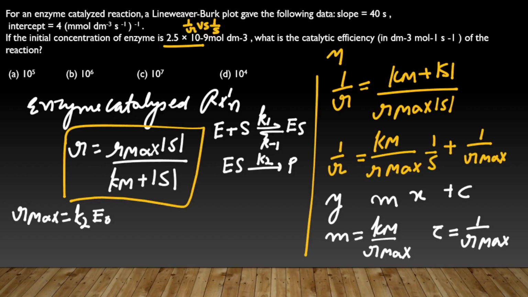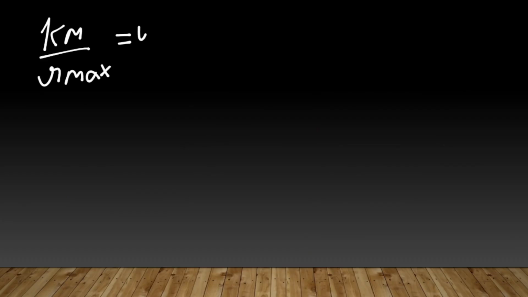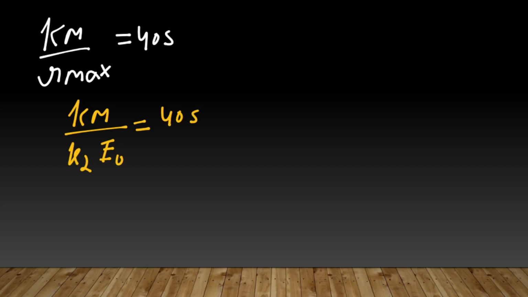So Km by R max is the slope value, and the slope is given to us as 40 seconds. Now R max is nothing but K2 into E naught. This is equal to 40 seconds. Now from here we can find the value of K2 by Km, which is nothing but your eta, which is called the catalytic efficiency.